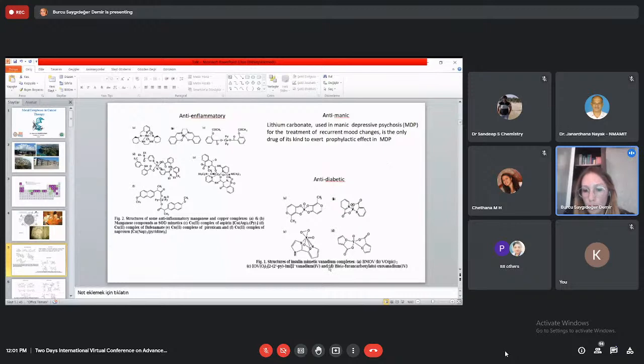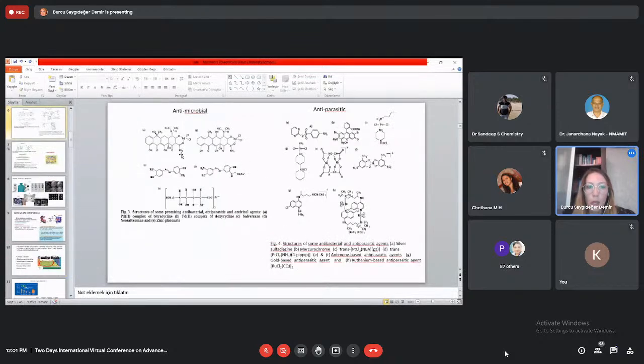And some vanadium complexes, mimetics of insulin, are anti-diabetic. And antimicrobial agents, some palladium complexes and antimony complexes.